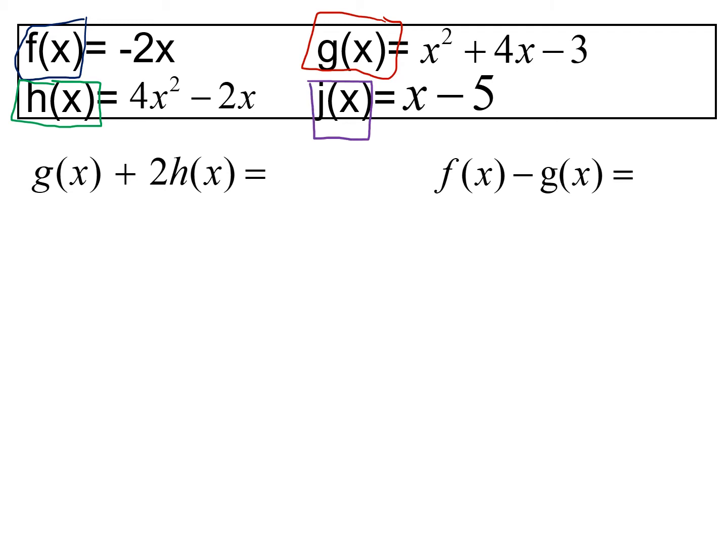So for my first example, I've got g of x, which is x squared plus 4x minus 3, and I'm adding 2 times h of x, which is 4x squared minus 2x.